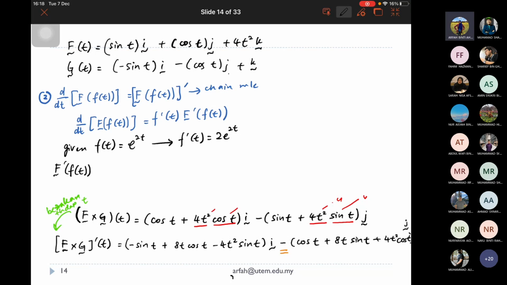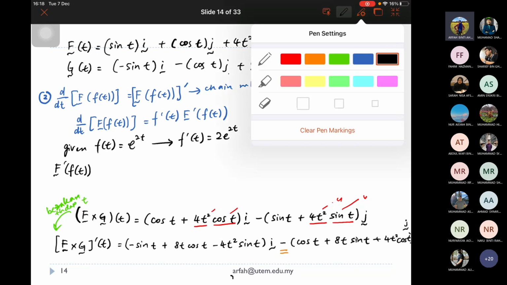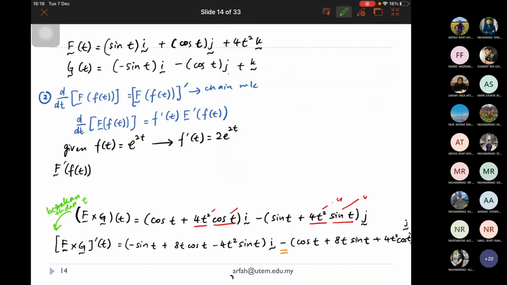Maksudnya dekat dalam F ni gantikan dengan f(t) ni dekat dalam F prime.